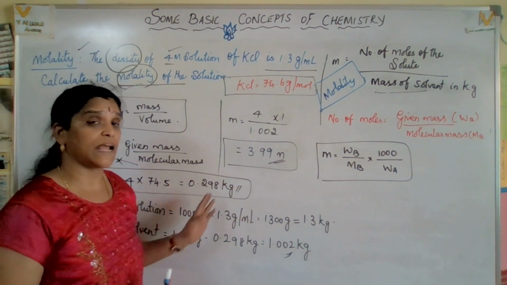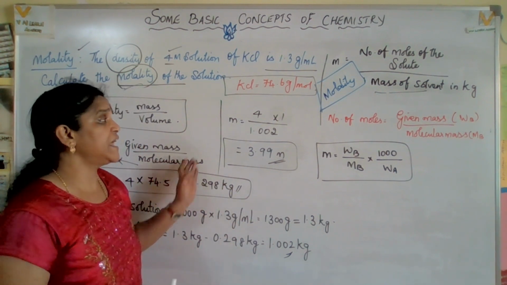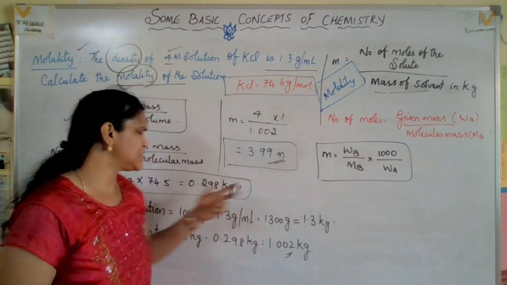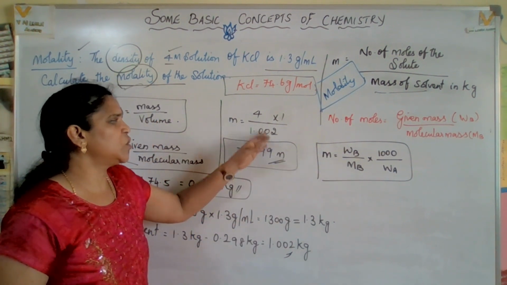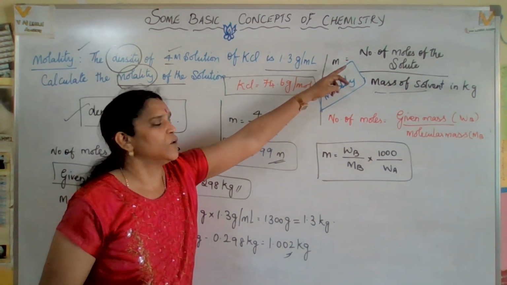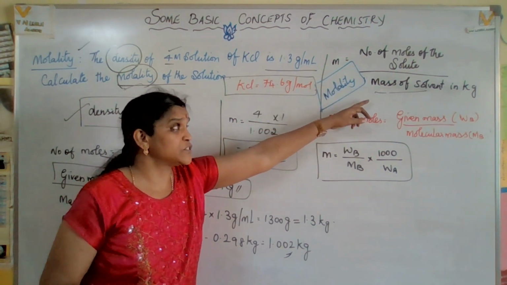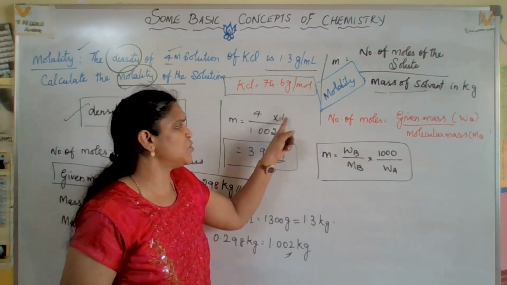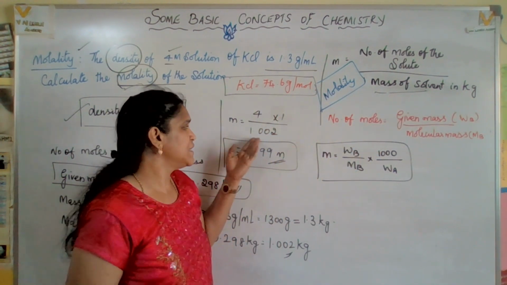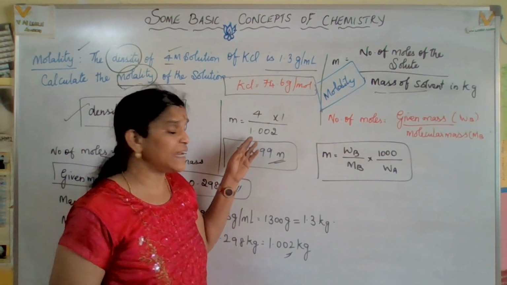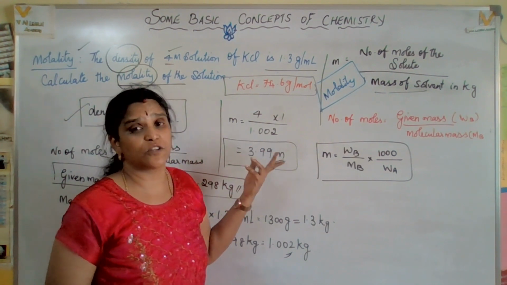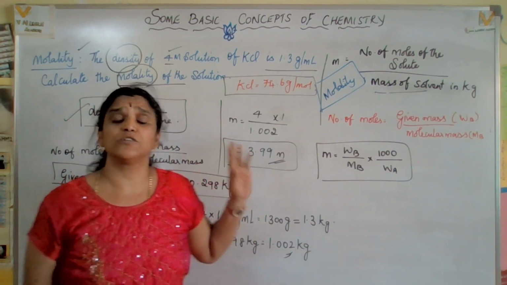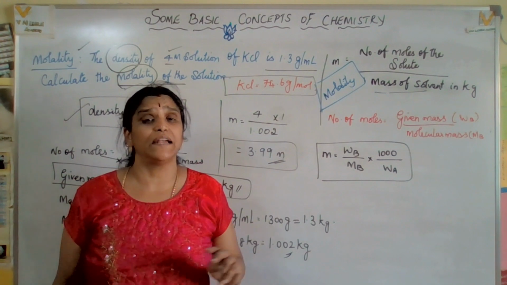Through density you can get the given mass, and then go for the same idea. Given mass by molecular mass gives the number of moles of the solute, divided by the mass of the solvent in kg. I just mentioned 1 because the mass of the solvent is nearly 1.00, that is 1 kg. I hope you got a clear idea about solving molarity and molality.